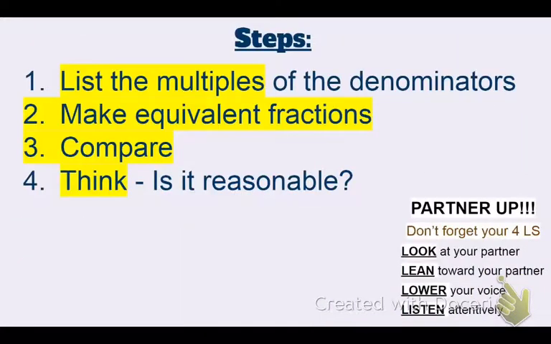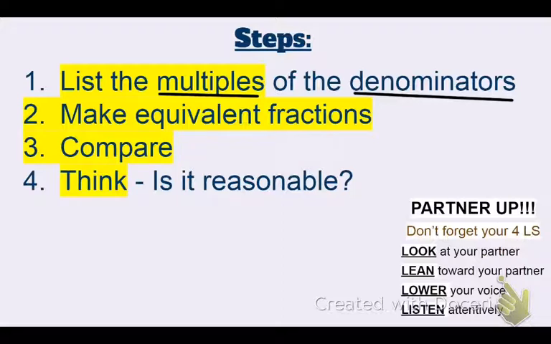All right, how do we approach the problems today? Well, step 1, you need to list the multiples of the denominators. Remember, multiples is when you are able to count by that number. So 10, 20, 30, 40, 2, 4, 6, 8. We're going to list the multiples of that number on the bottom of the fraction, the denominator.